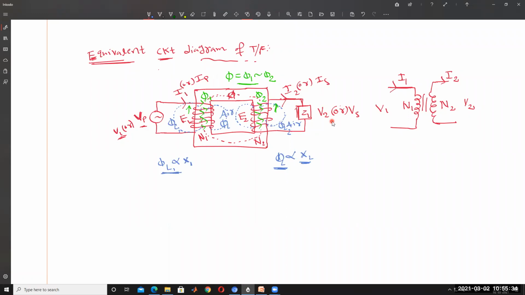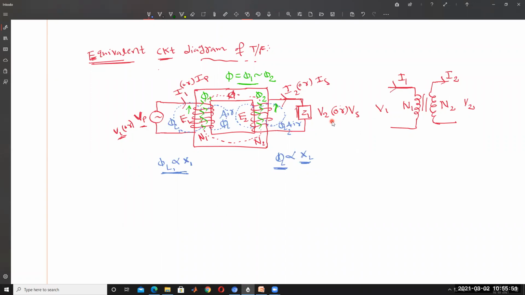Because of leakage flux, this primary reactance is represented in a circuit diagram. Leakage reactance comes into the picture, represented by the inductive reactance of the transformer.